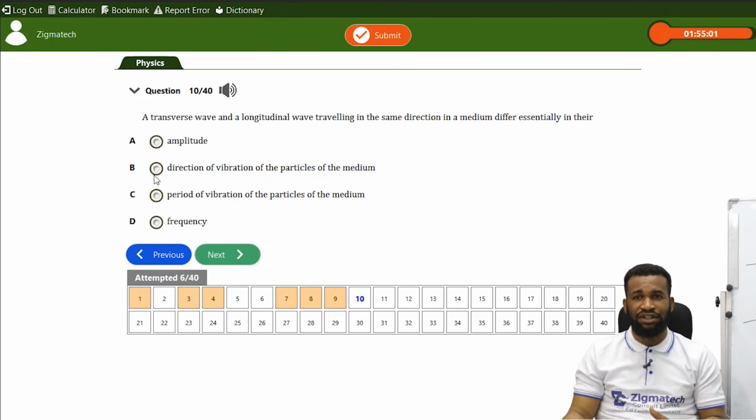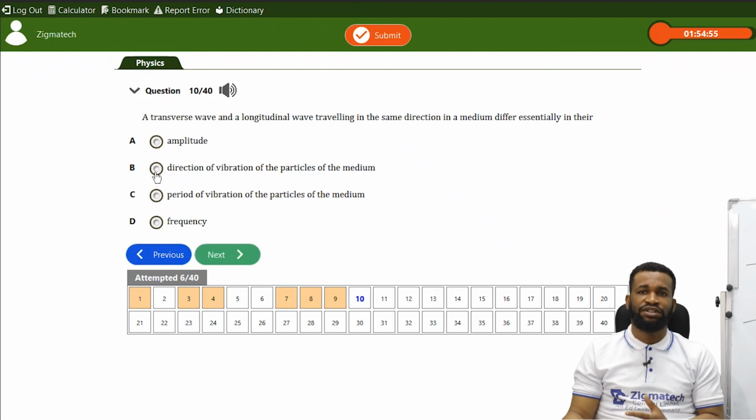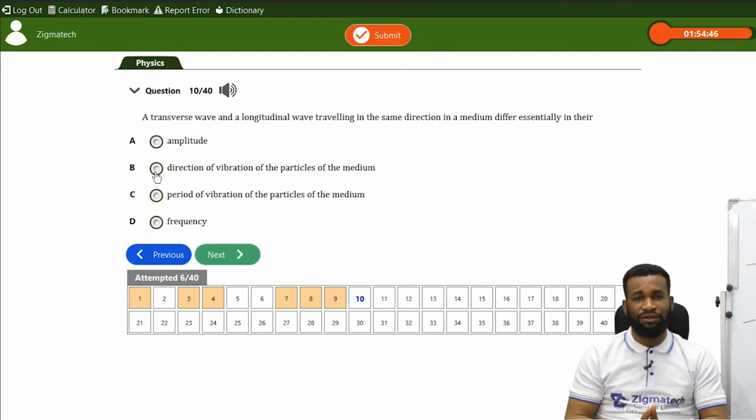Amplitude, no. Direction of vibration of particles of the medium, yes, because the directions are not the same. Transverse wave moves perpendicular to the source of disturbance, while longitudinal wave moves parallel to the source of disturbance. That is option B.